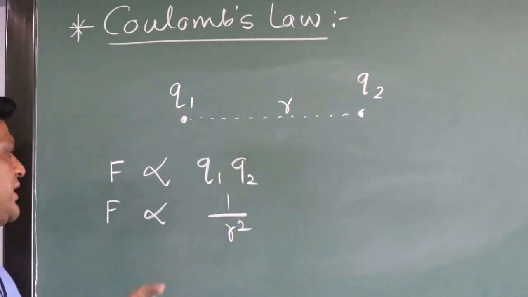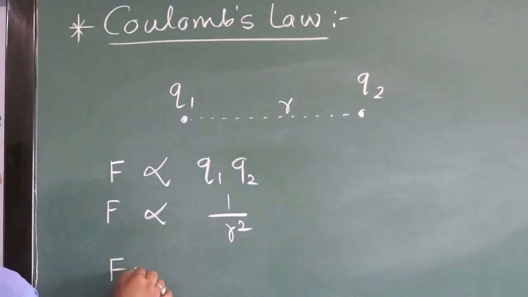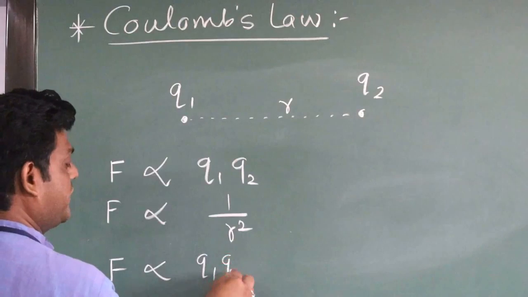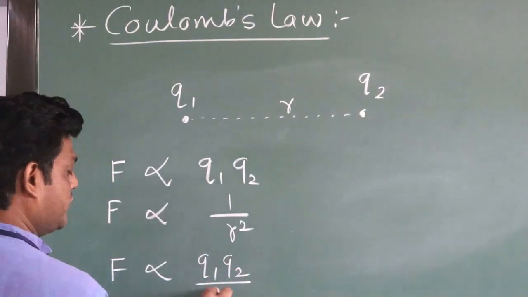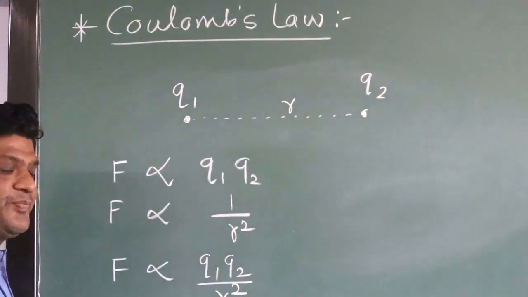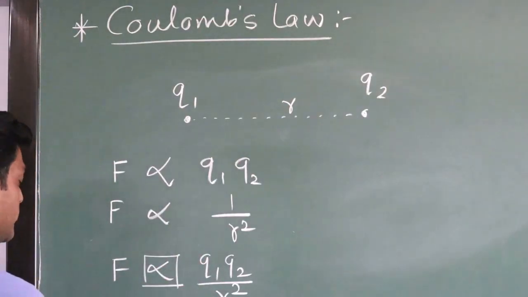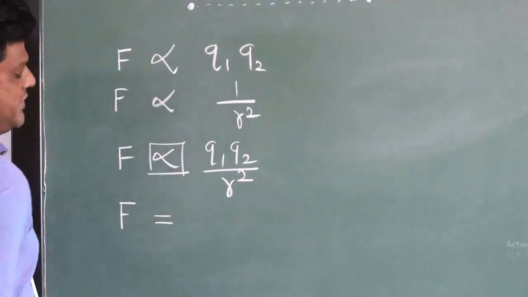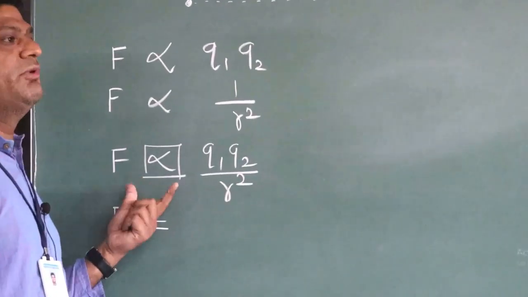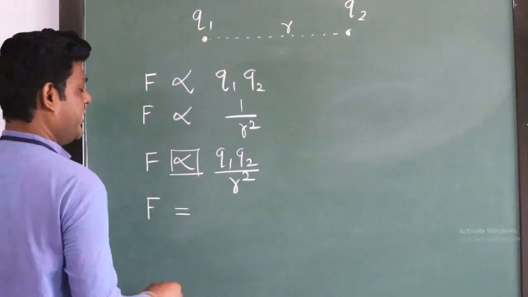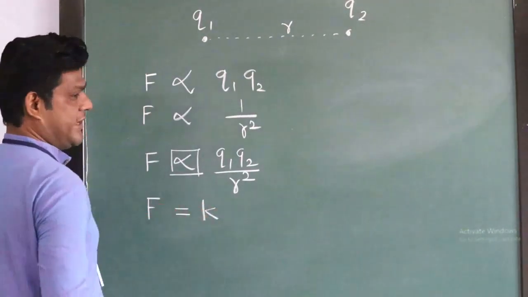Combining these two relations, we can write F directly proportional to Q1 Q2, inversely proportional to the square of the distance between them. Now this is the proportionality symbol. To convert it into the equal to sign, we put a constant over here, that is small k.